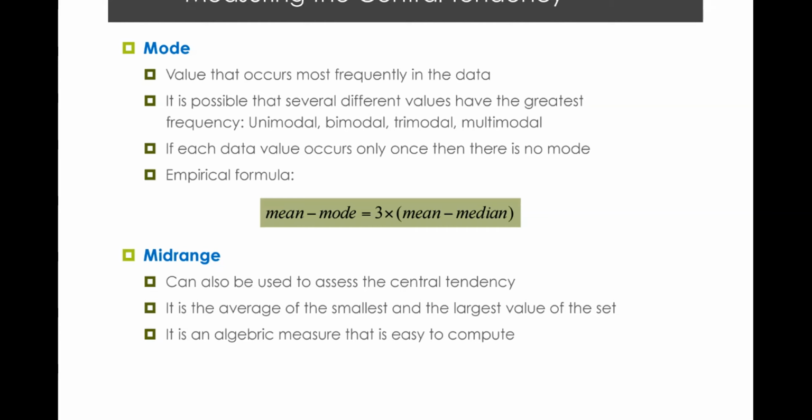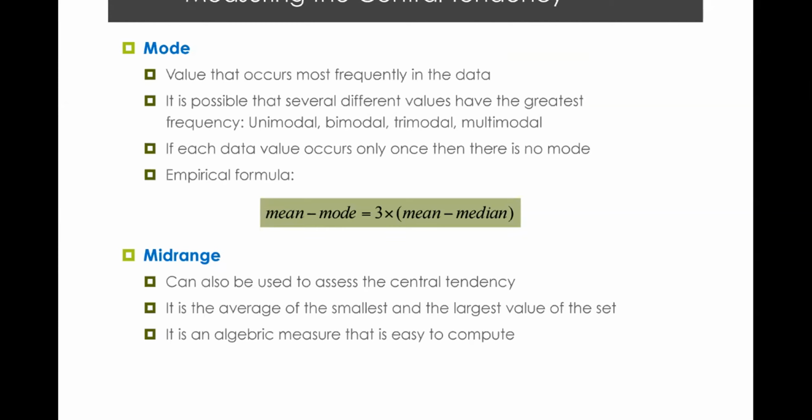And the next one is the mid-range value. It can also be used to assess the central tendency. It is the average of the smallest and largest value of the set. It is an algebraic measure that is easy to compute.